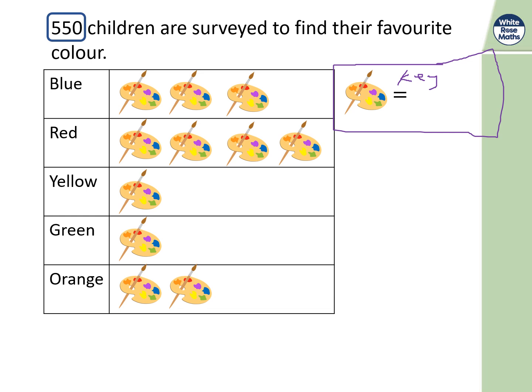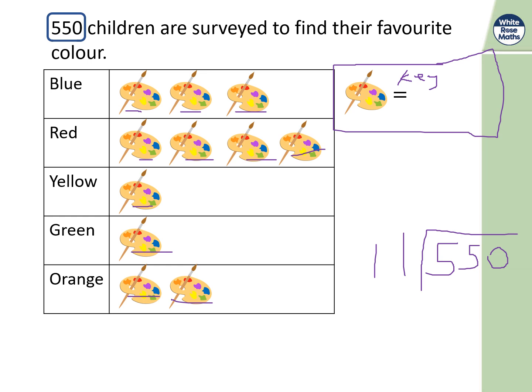If I add it up, I've got 1, 2, 3, 4, 5, 6, 7, 8, 9, 10, 11. If I divide 550 by 11, that will tell me how many people liked each colour.